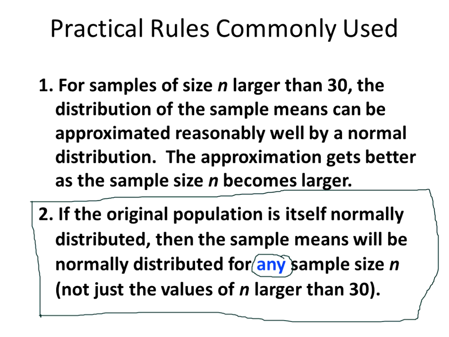If the original population is itself normally distributed, which it was, then the sample means will be normally distributed for any sample size. That's what we just did. Okay, now let's see what happens if our population is not normally distributed.